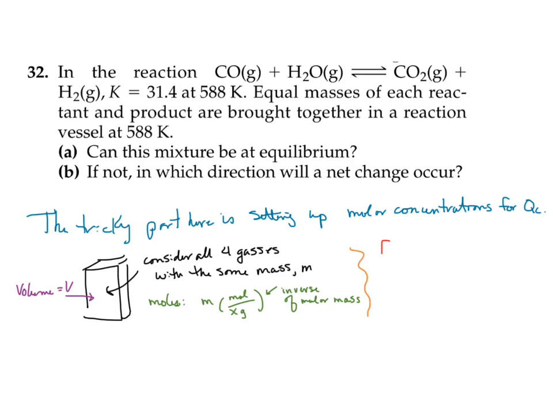The volume, we don't know what it is, but it's the same for everything. So you can get the molarity of each of those 4 gases by taking the same mass M and the same volume V for everything, with the mass divided by the molar mass of each gas.